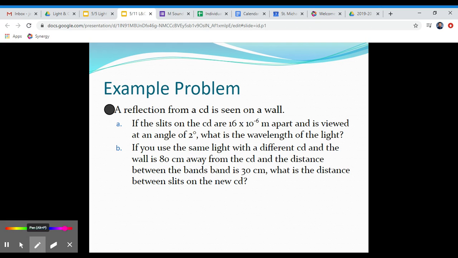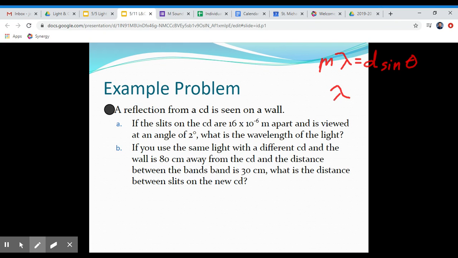So for this particular problem, we can just use the standard equation, m lambda is equal to d sine of theta. Well, m is just going to be 1, so I'm not even going to worry about that. Wavelength is what we're trying to solve for. M would just be 1.